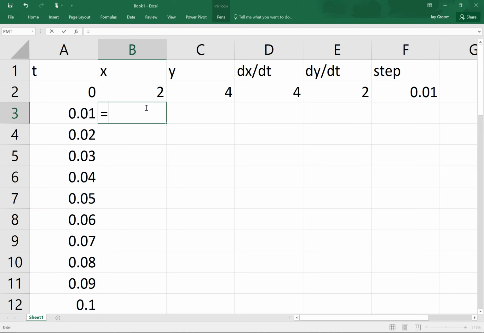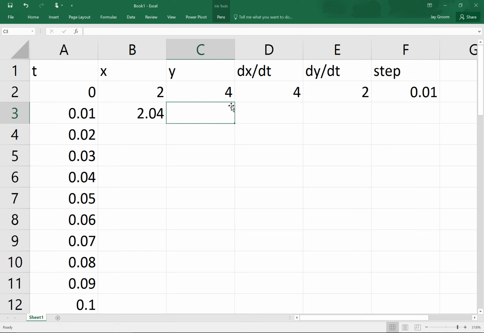All right, so equals. Okay, so I'm going to take the previous value plus the slope, right, times my step, which is this $sign F $sign 4. No, 2. There you go. Bam.